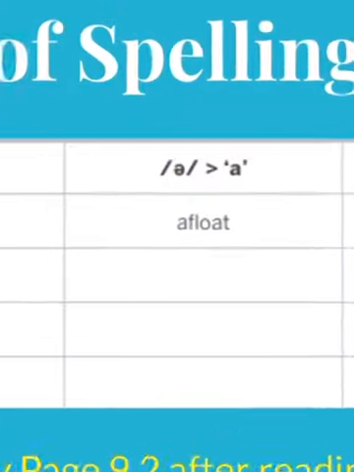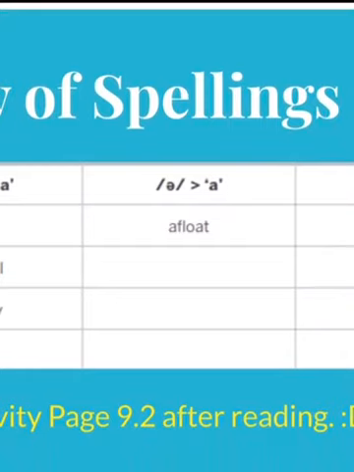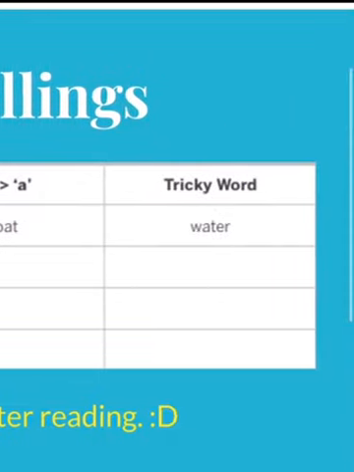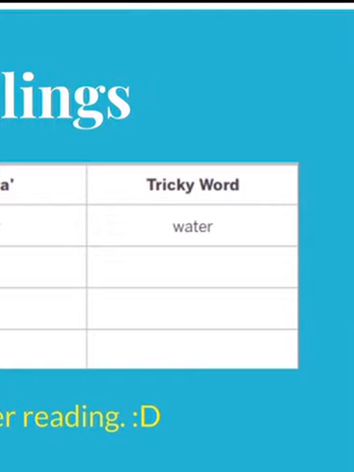Ooh, does anyone remember what that symbol is with that upside down E? That is the schwa symbol, and it makes the uh sound. So we have letter A representing that sound in this word. So let's read it together. Afloat.